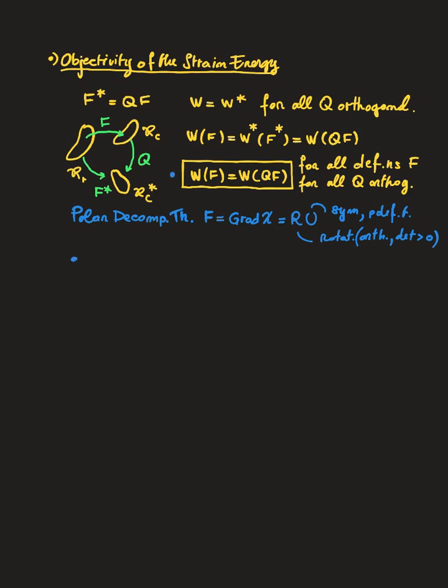It must result that W of F is equal to W of Q, and instead of F I write RU, the unique polar decomposition relative to F. But now, this is the magic.